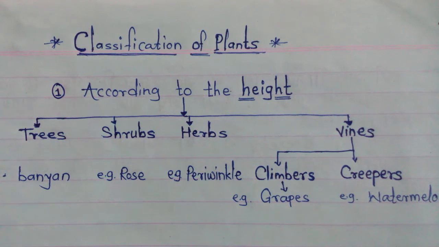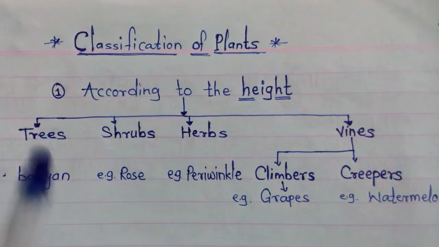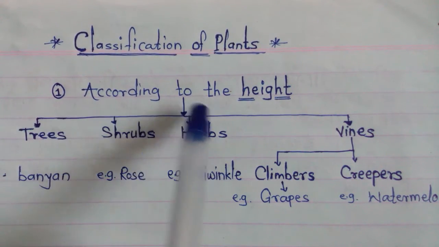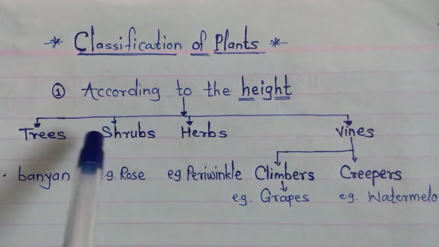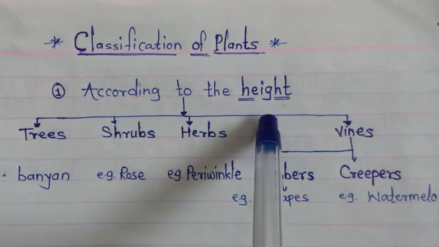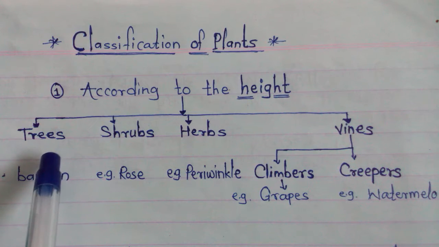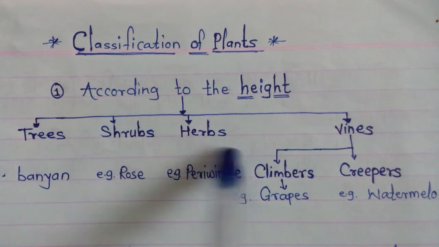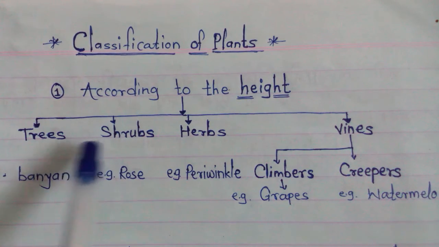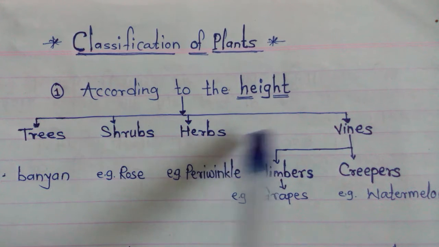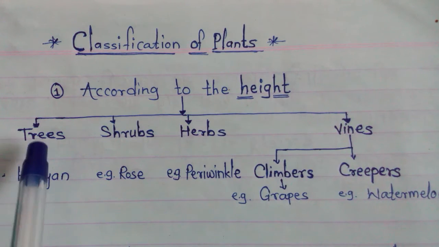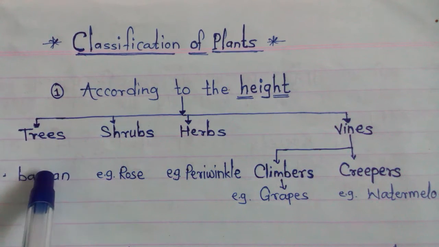First see the classification of plants. We see it according to height and shape. According to height, plants are classified into four groups: trees, shrubs, herbs and vines. Okay, trees are the big ones.